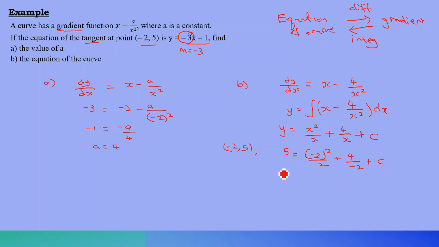Simplify this: 4 over 2 plus 4 over negative 2 becomes 0. So c is 5. So the equation of the curve will finally be x squared over 2 plus 4 over x plus 5. Because they want the equation, don't stop at c, but write the whole thing. So this is your final answer.